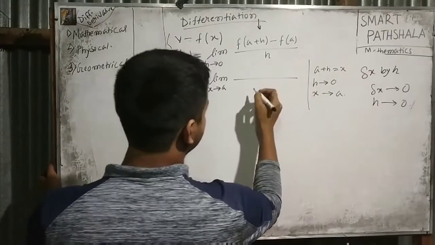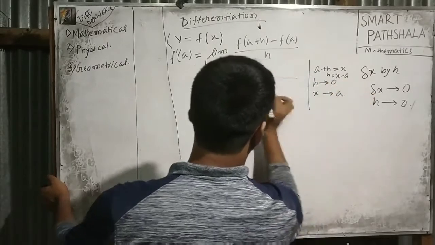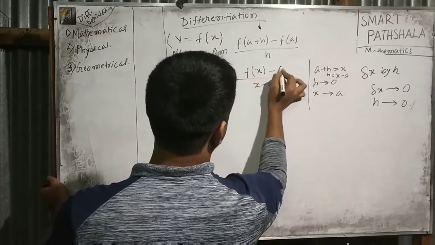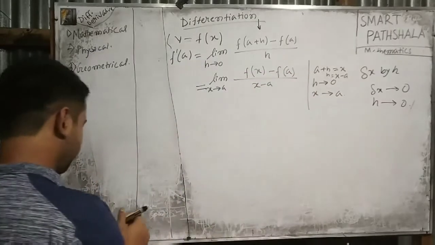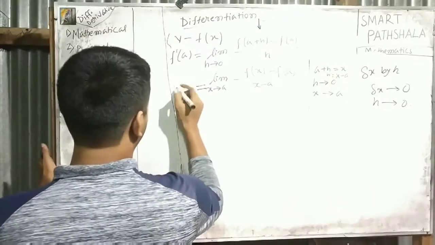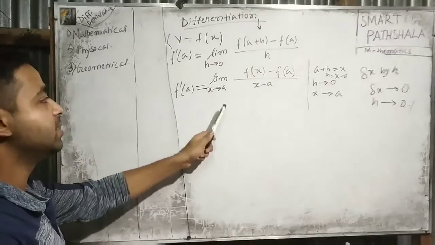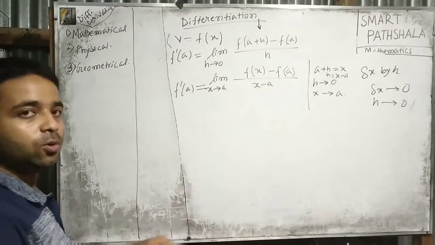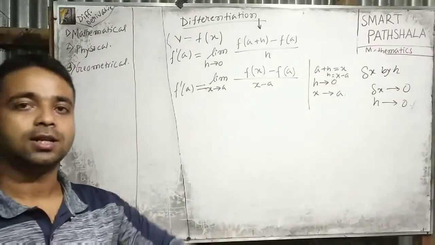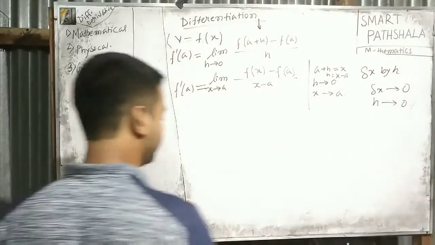And in place of h, I can write h is equal to x minus a, and here f of x minus f of a. Perfect. So this f dash a is another definition of derivative at a certain point x is equal to a. That is, if you are asked to find the derivative of a certain function at a certain point x is equal to a, then you can also use this definition, right?